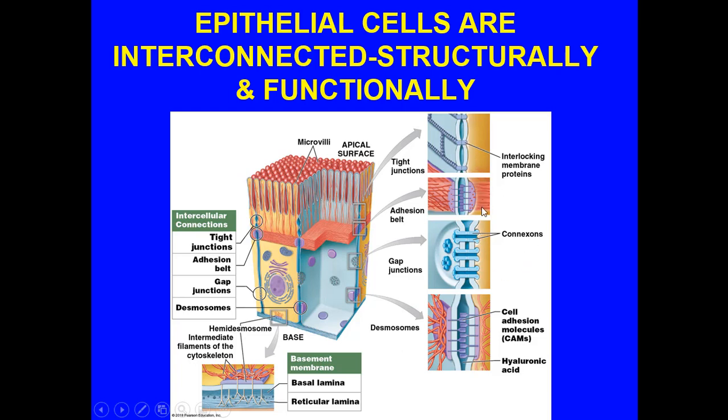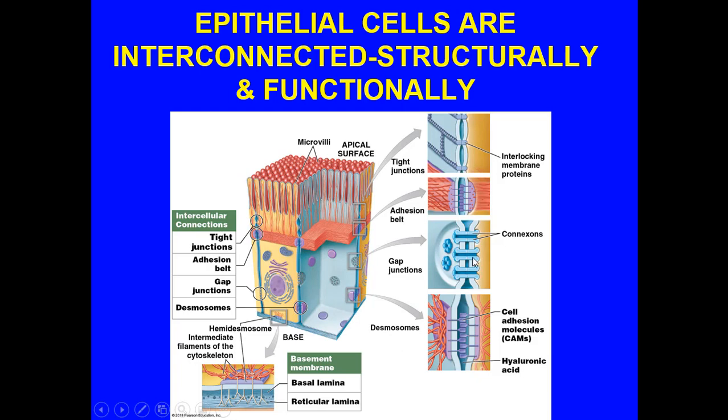Another type is called an adhesion belt, where cytoplasmic fibers are inside the cell, but then they attach to these unique structures here and here. And these structures provide sort of a limiting barrier by which microorganisms or any other substance could pass between the cells.